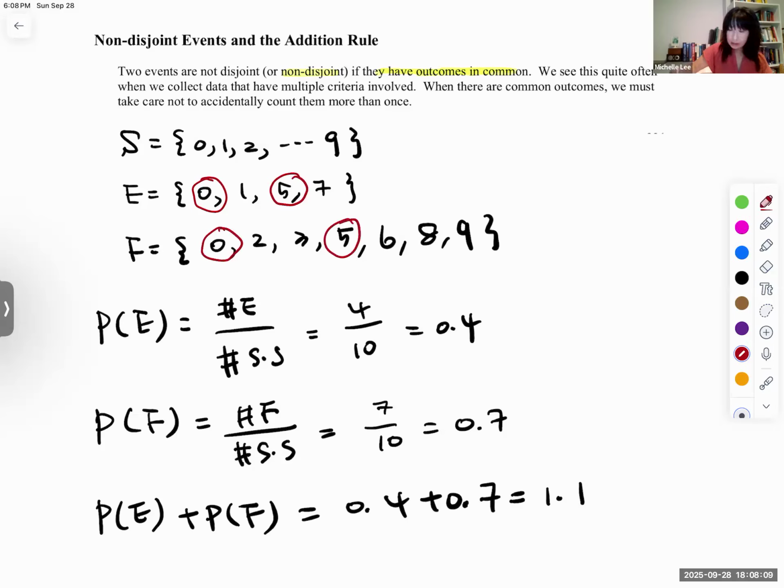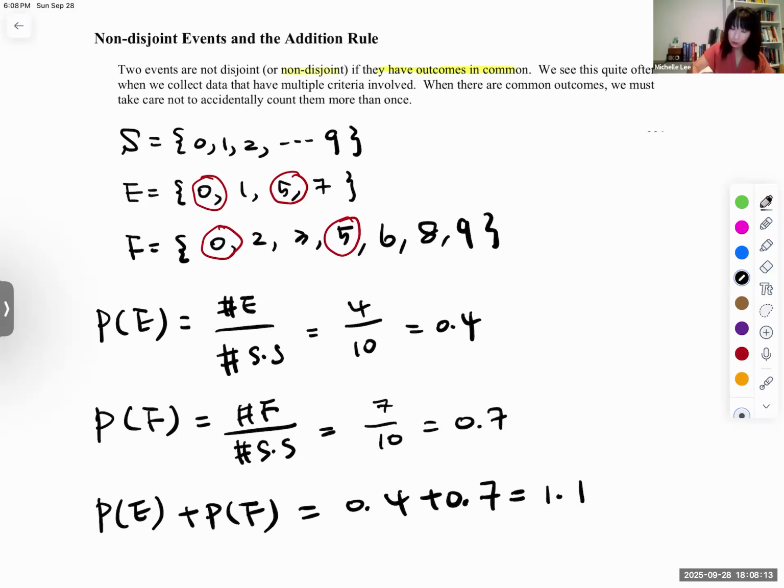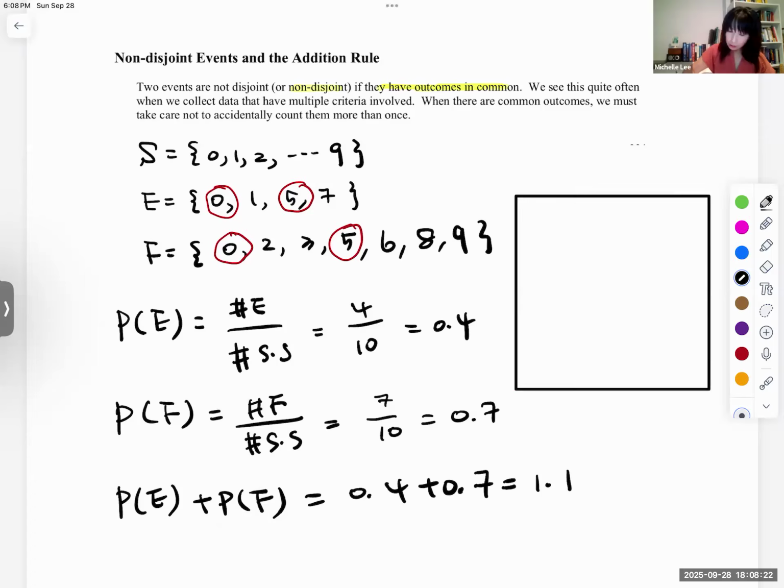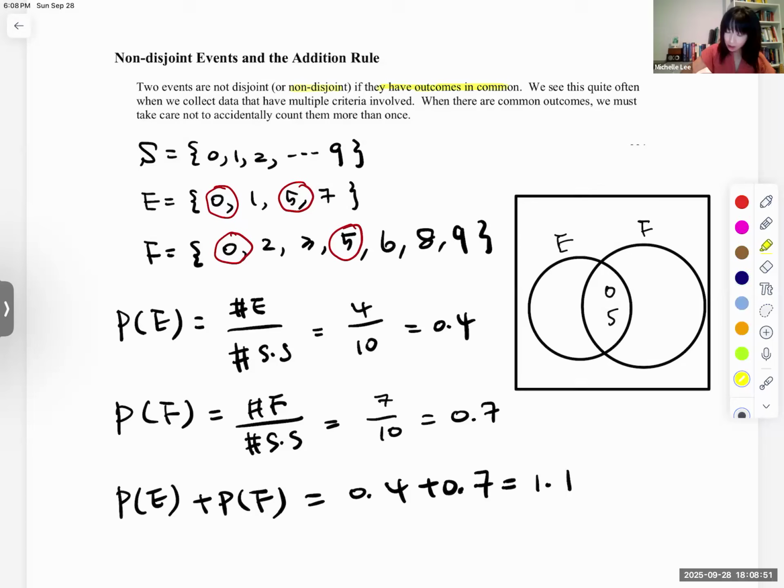We count them twice. If I want to draw a Venn diagram here, we have event E and event F. The 0 and 5 are common, they share them.